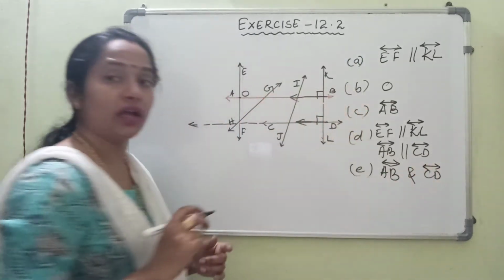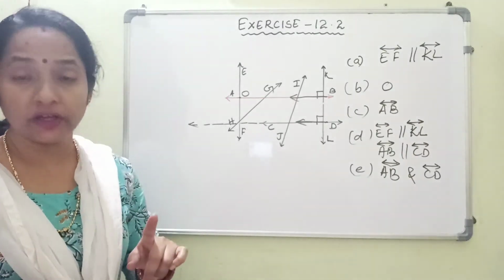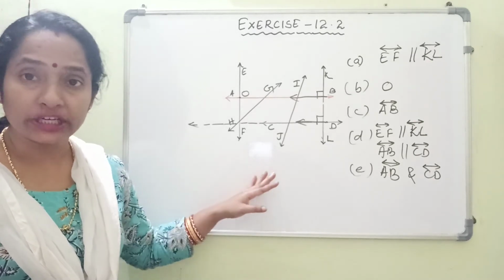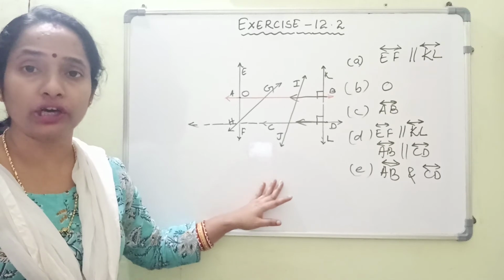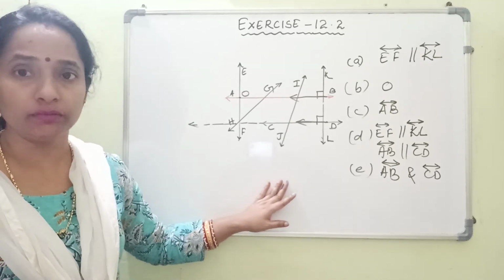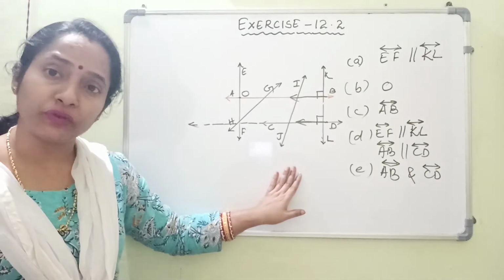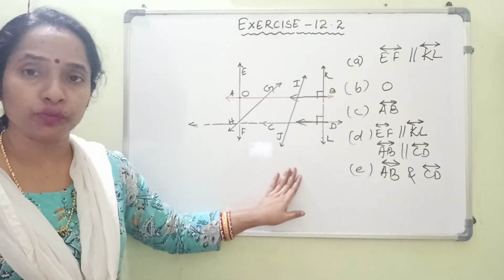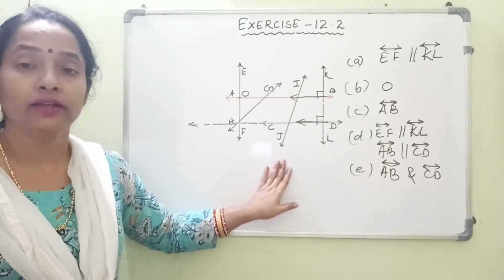So children, I hope you understood the sums given in exercise 12.2. Two questions were given. I have already discussed them with you. So I think you will not have any doubt or any problem in solving them. Do them in your white notebook. You have to use a plain white notebook for this exercise.